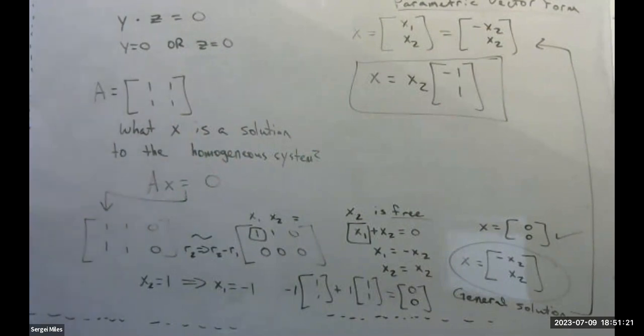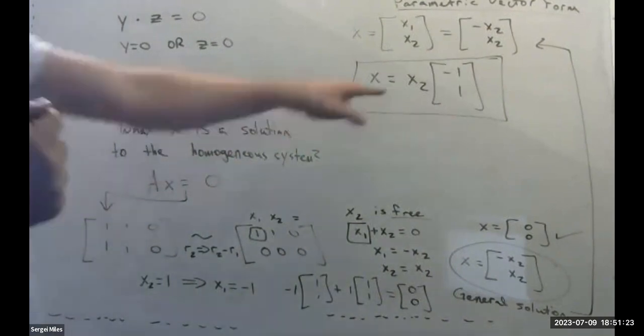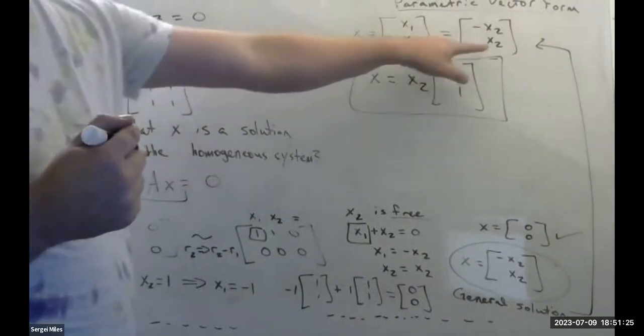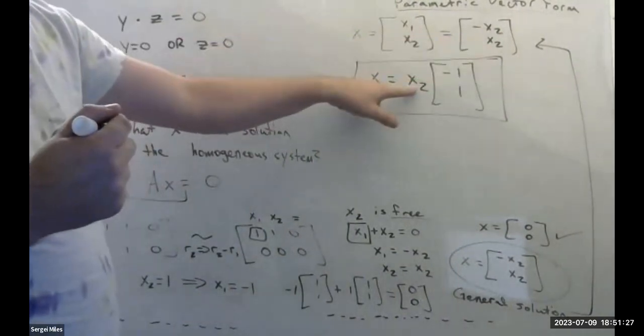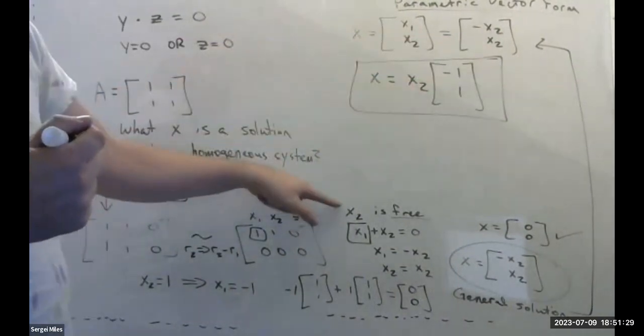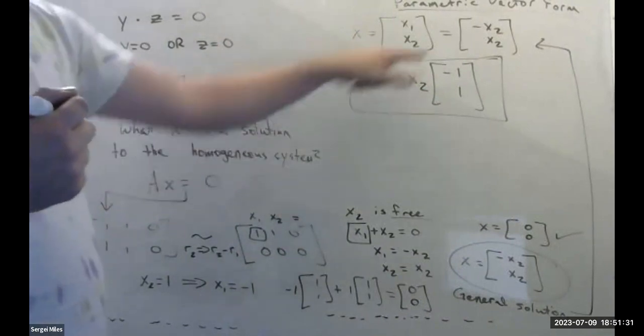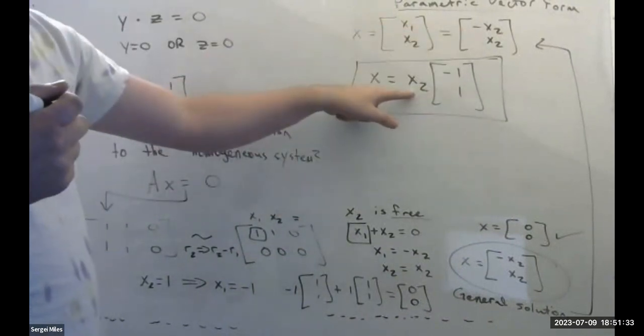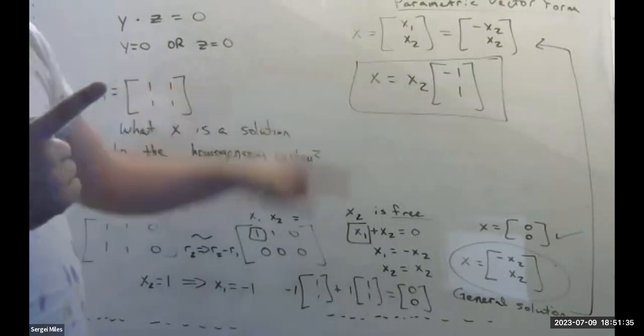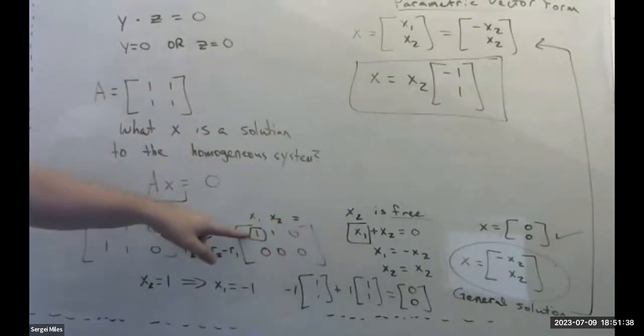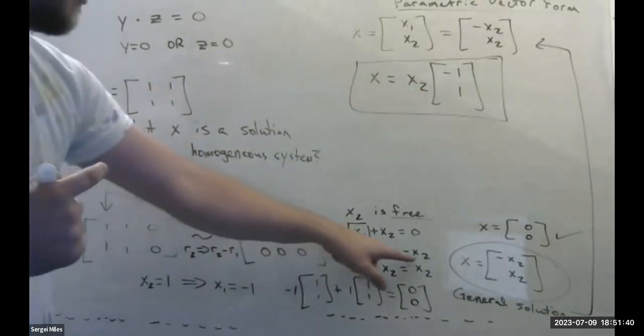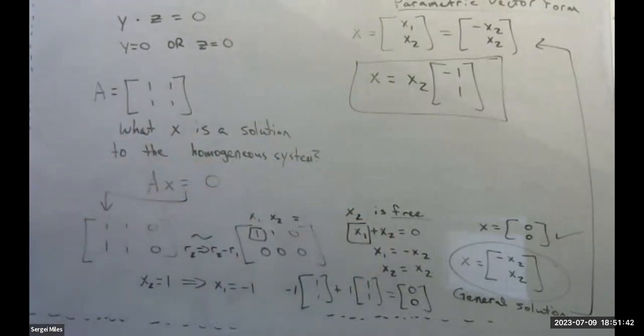So when we're in parametric vector form, I also want to highlight here, the only x entries which will appear in your final answer are the free variables. Your pivots will not appear in the final answer because your pivots are going to depend on what you pick your free variables to be. So this is a key point.